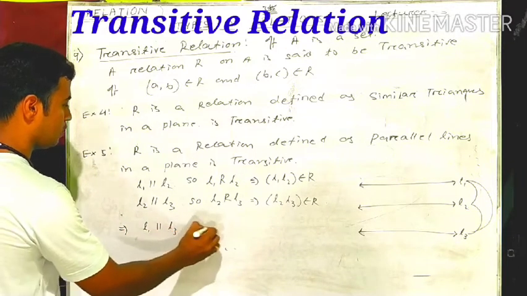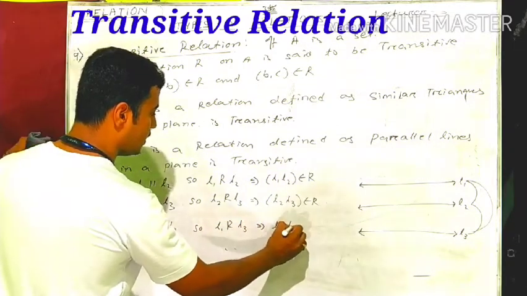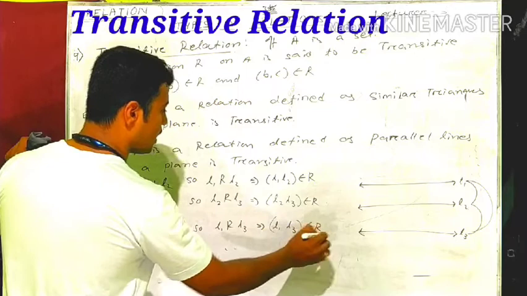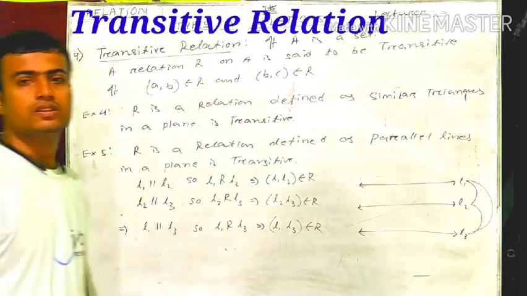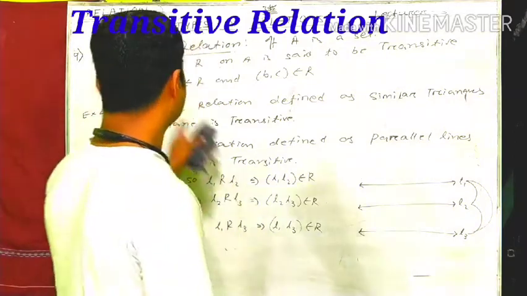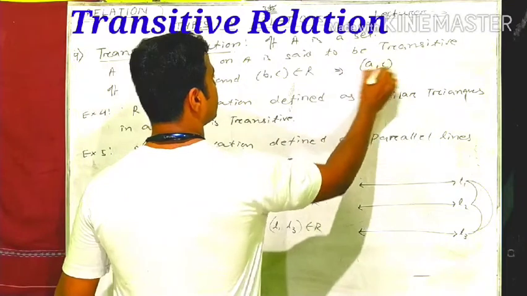So L1 is related to L3, that implies (L1, L3) belongs to R. So this relation is called a transitive relation. Transitive relation means if (A,B) belongs to R and (B,C) belongs to R, that implies (A,C) belongs to R.